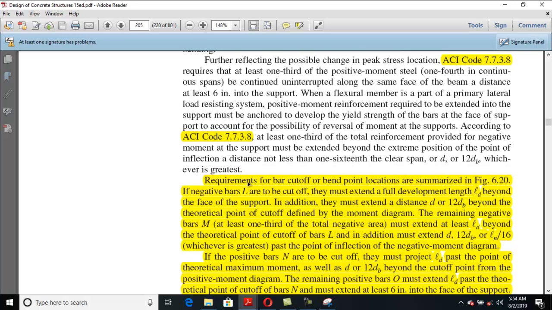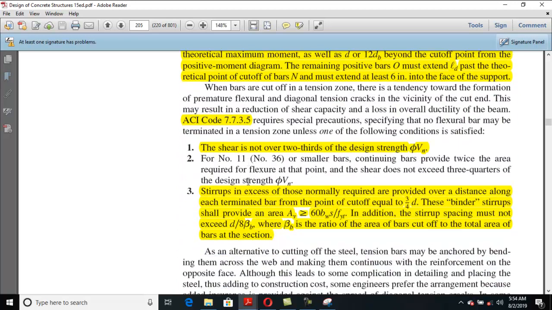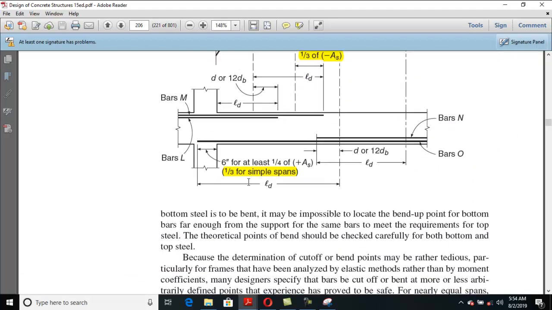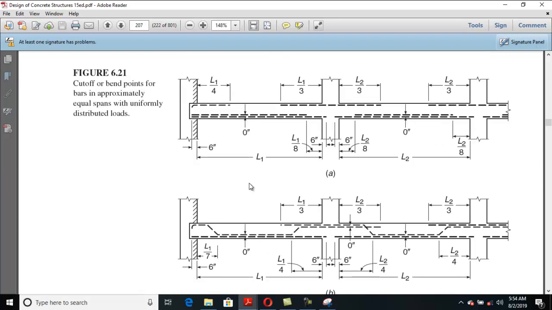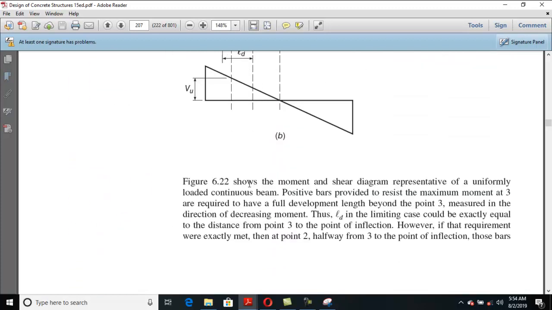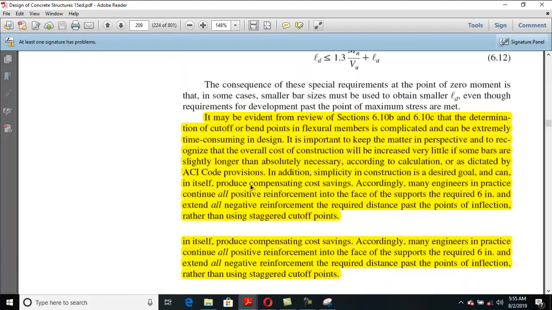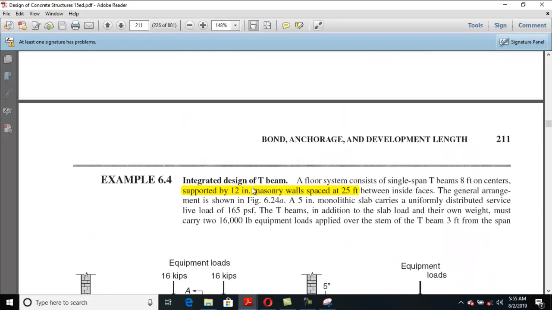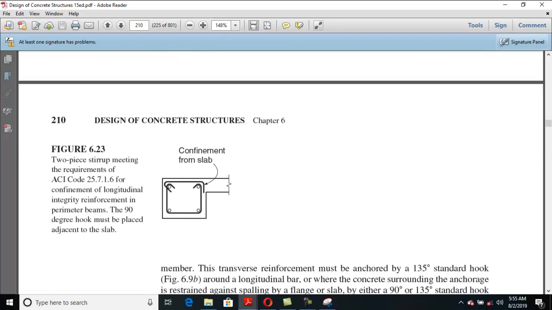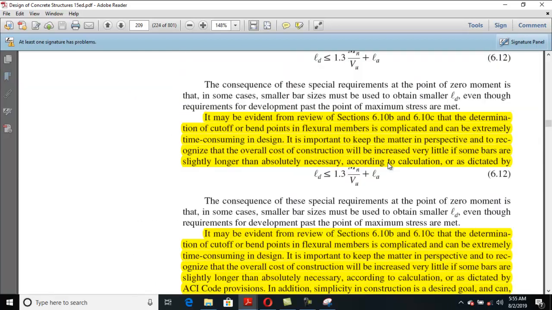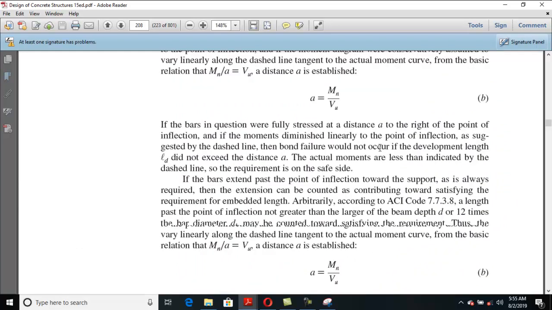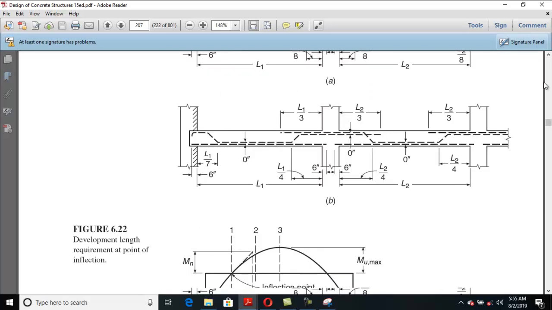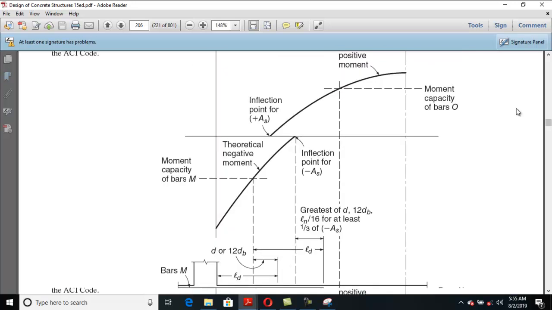This is a kind of integrity they want in the steel. Such rules are imposed due to experience, due to practical failures of structures, and these restrictions are imposed by the ACI.